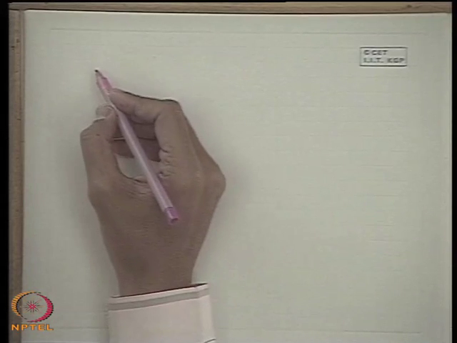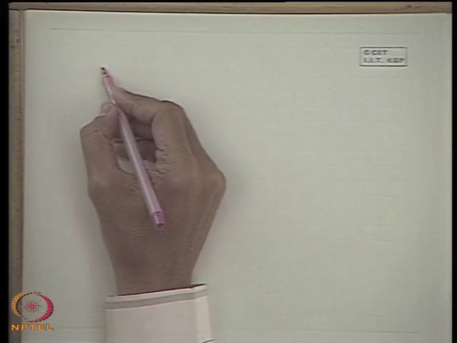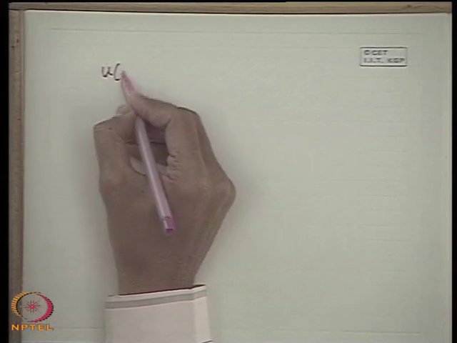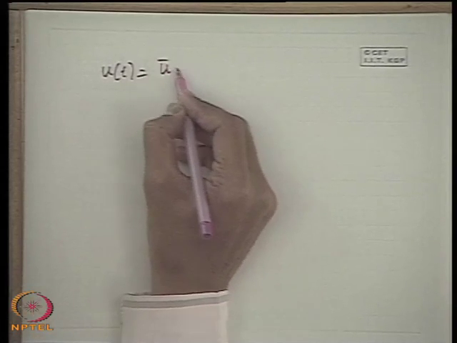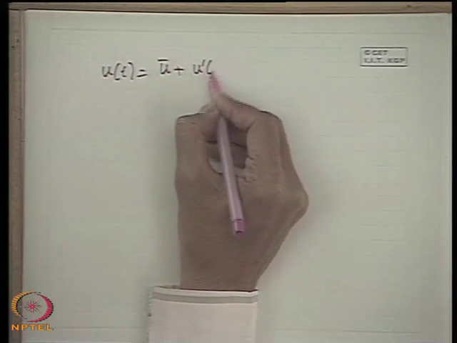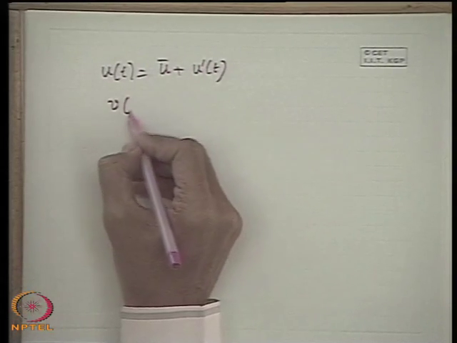So therefore we can write again the Reynolds decomposition principle: the flow field u, a function of time, can be expressed as u mean plus a fluctuating component. Similarly v.